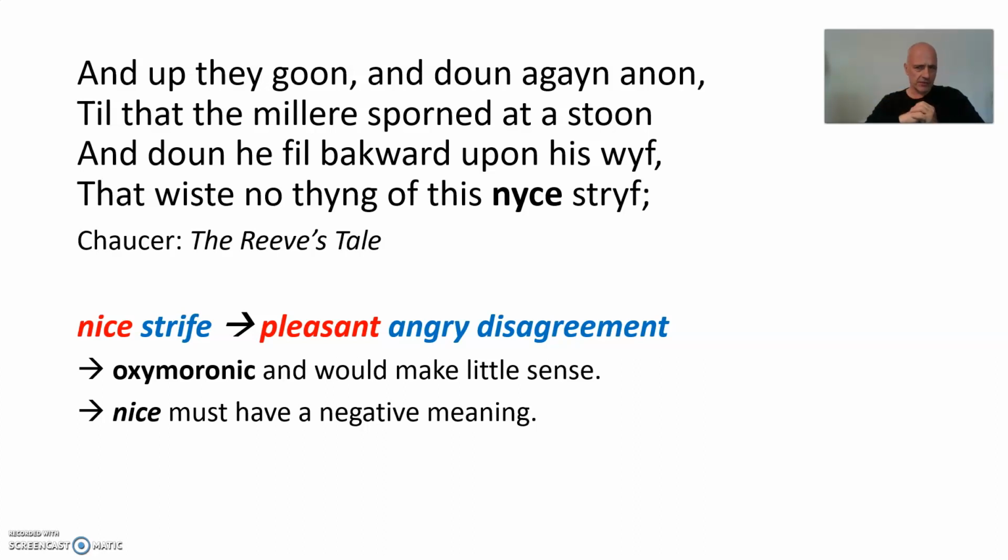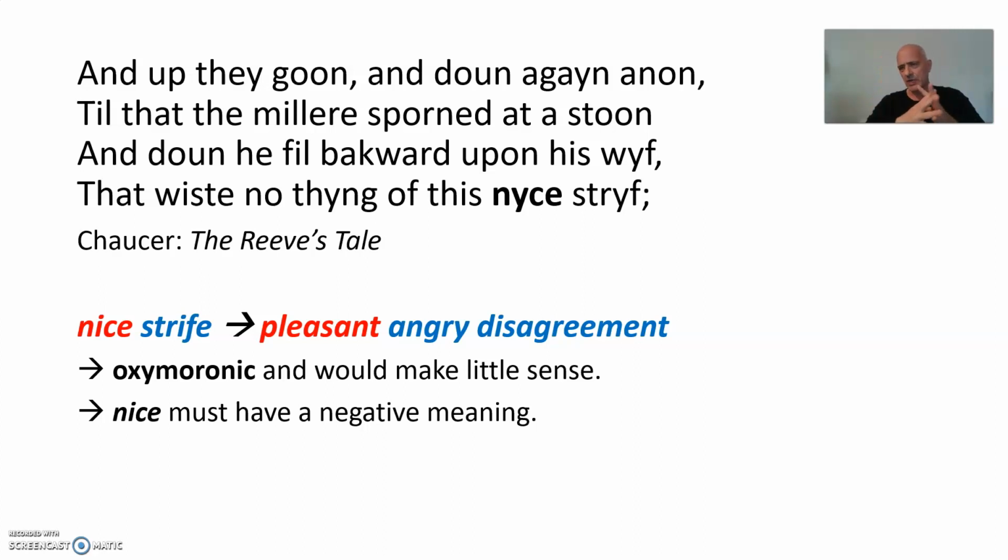The situation is the following: the room is dark, the miller's wife is lying on her bed, and then the miller fights with the two students who are in the same room, because as a matter of fact they slept with his daughter and his wife respectively. And Chaucer calls this sort of struggle a nice strife. You are aware what the word strife means today: struggle and so on.